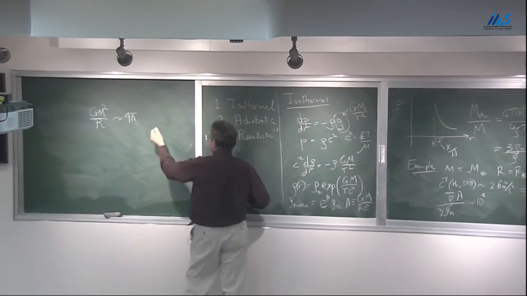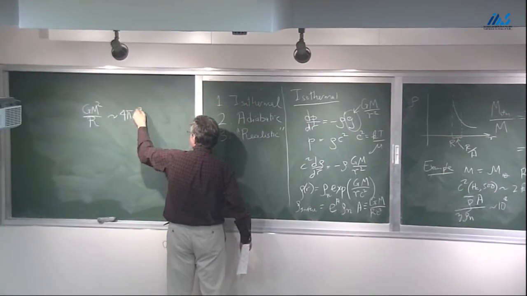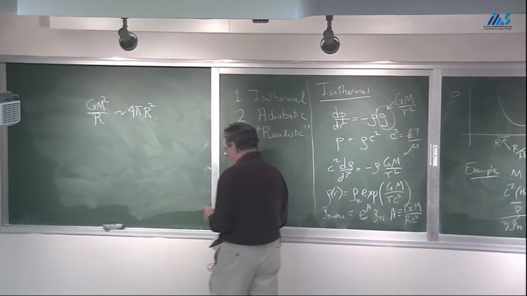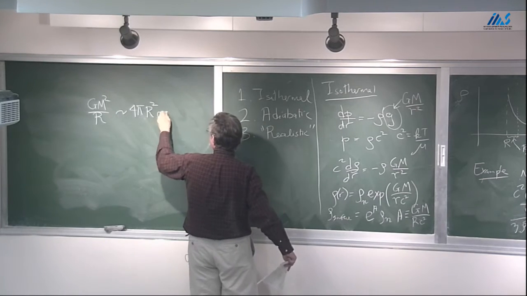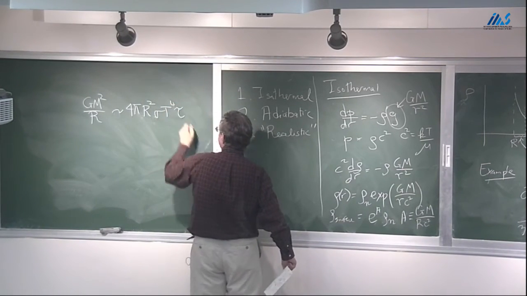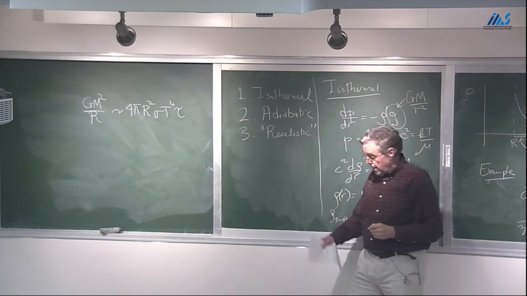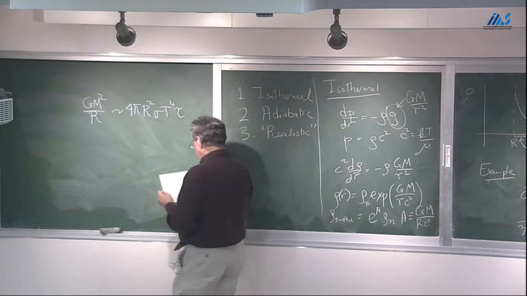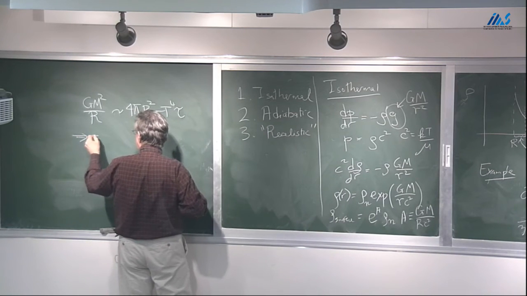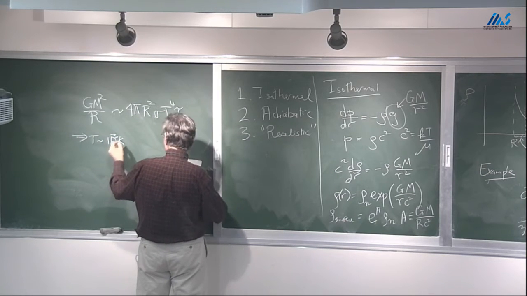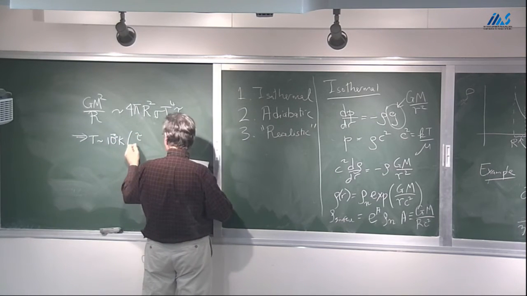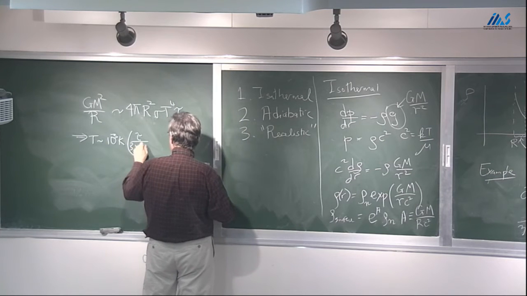But let's not concern ourselves about that for the moment. So we take 4 pi r squared, or some slightly larger radius, sigma T to the 4th times tau. This is a very simple calculation. And if you solve that equation, what you find is that T is 1,000 Kelvin if the time scale is 3 million years.